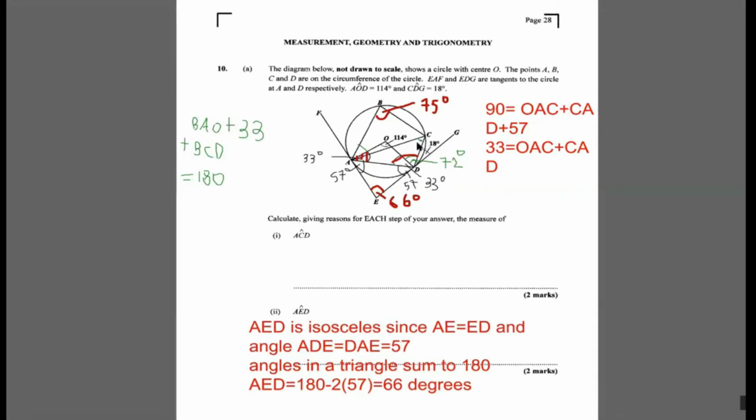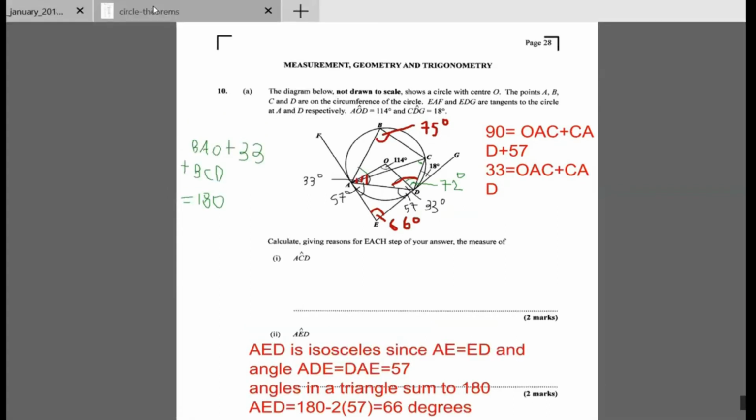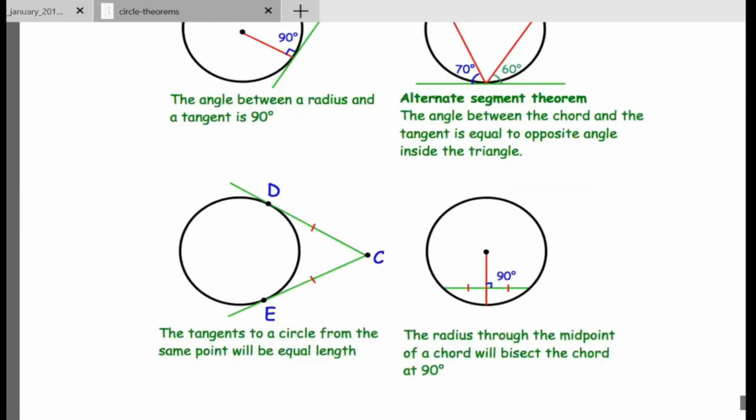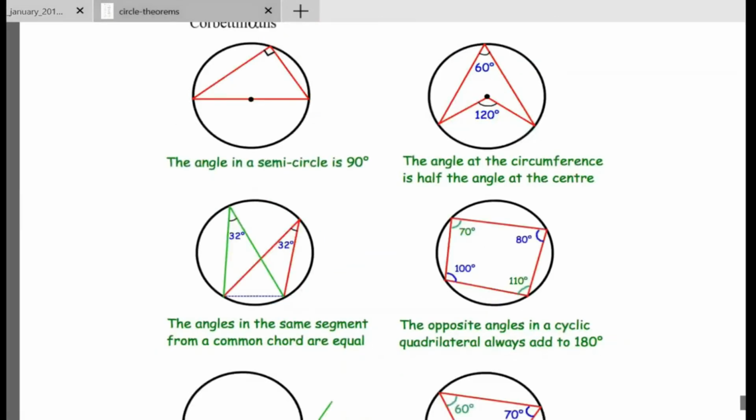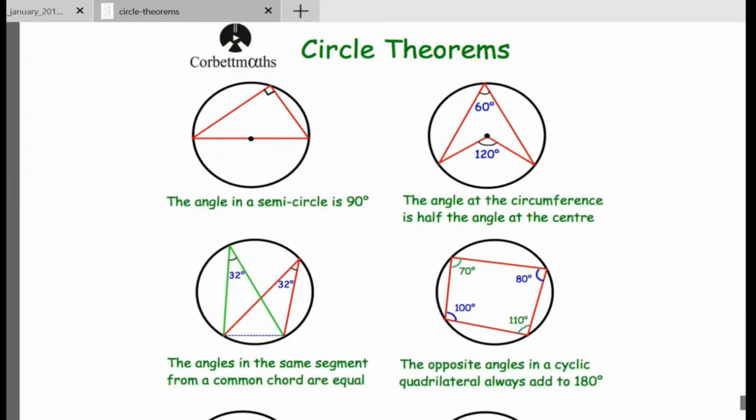And let me see, which formula are we forgetting? Let's look back at the theorems. Angles in a semicircle won't be applying.